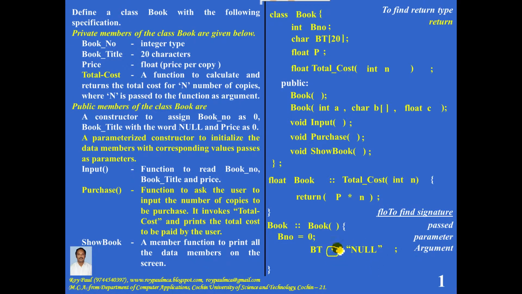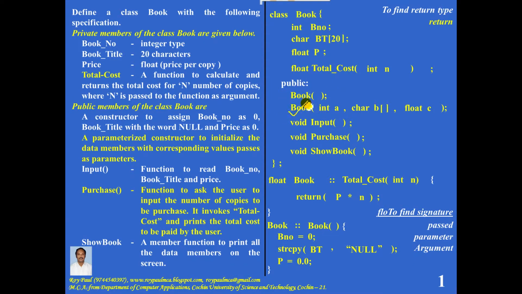So here comma comes and a string copy. And finally, price must be given the initial value 0. So price is stored in variable P. So you can write P is equal to 0.0 because price is a floating point variable. So 0 should be written as 0.0. So this constructor is defined outside the class.